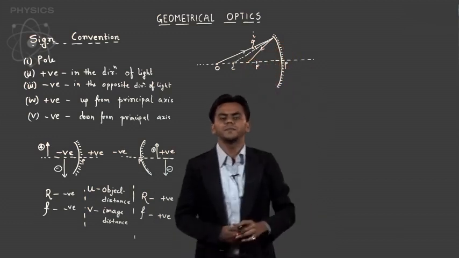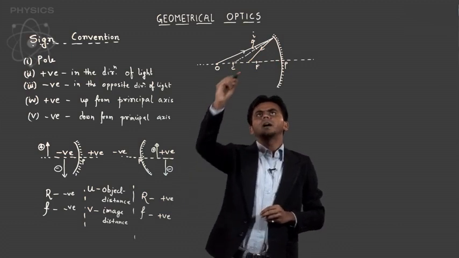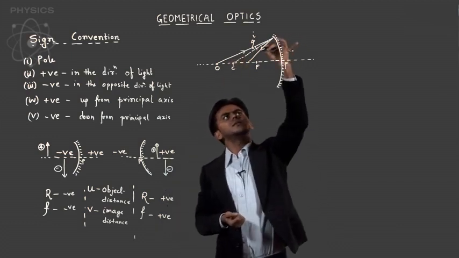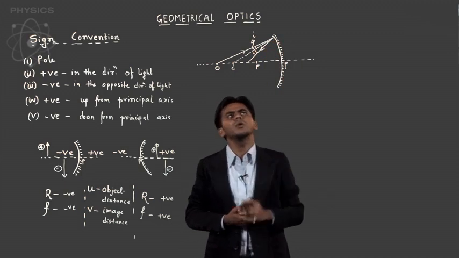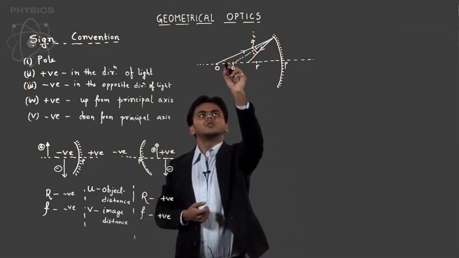This is my incident ray, and this is my reflected ray. Both of them would subtend the same angle with the normal. So even this is your I.